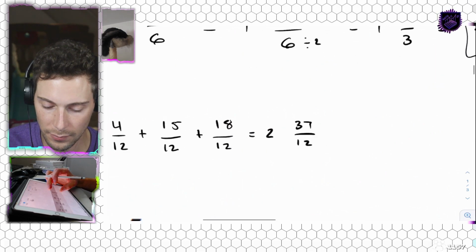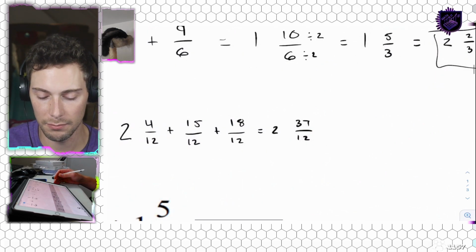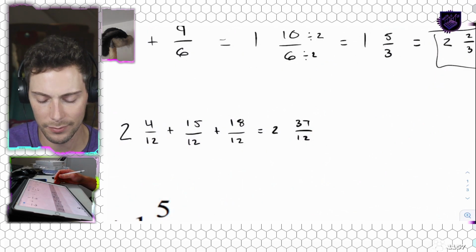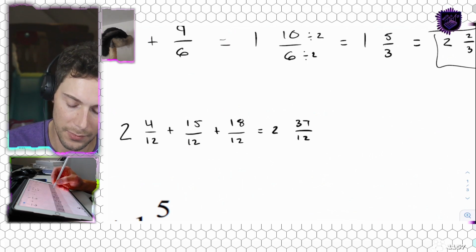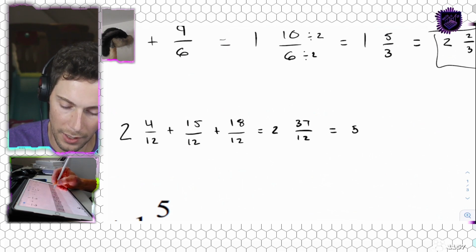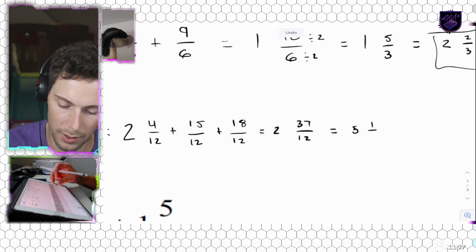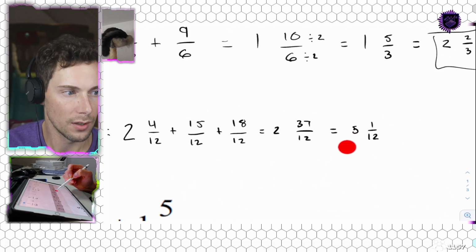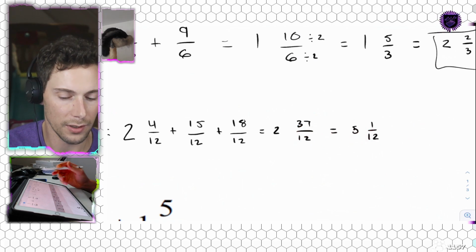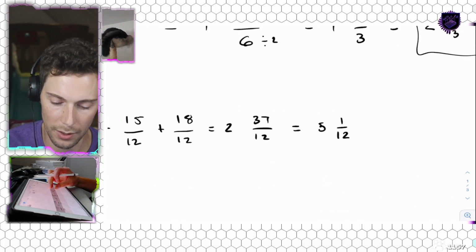Fun. Now, is there a common denominator? No. 12 goes into 36 3 times. So it's going to be equal to 5 and 1/12. We get three groups of 12 from 37, leaving one remainder.